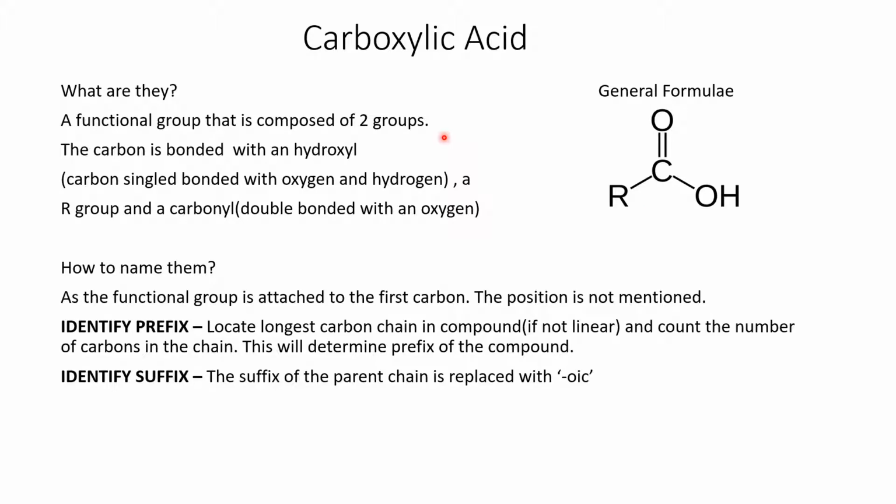Carboxylic acids, we name them just acids. Essentially what they are is a carbonyl group attached to an R group and a hydroxyl group. When it comes to naming them, it's fairly similar to aldehydes in the sense you don't need to state the position of the acid because it's attached to the first carbon.